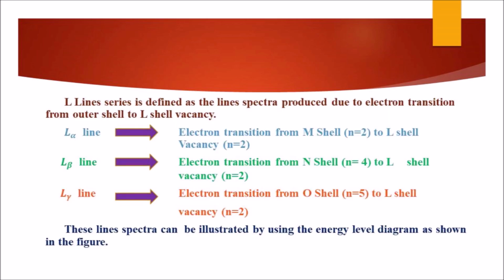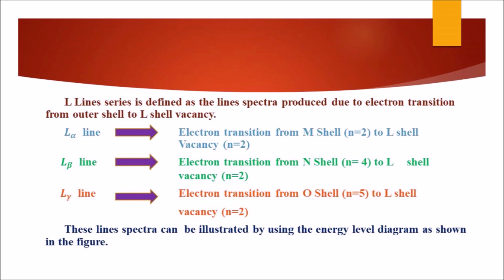The next series is the L series. The L line series is defined as the line spectra produced due to electron transition from an outer shell to an L shell vacancy. In this, the L alpha line is electron transition from the M shell to the L shell, that is n equal to 3 to n equal to 2.